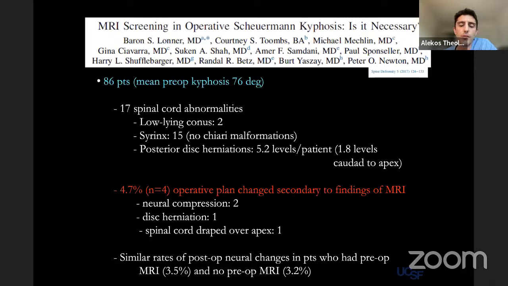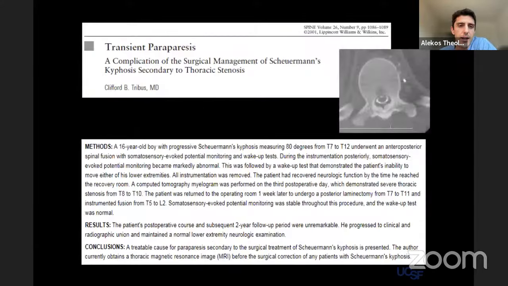Interestingly, 1 to 2 levels caudad to the apex. In 5% of patients, the operative plan was changed secondary to findings on the MRI. And because of this, one of their conclusions was that all patients should obtain MRIs preoperatively.